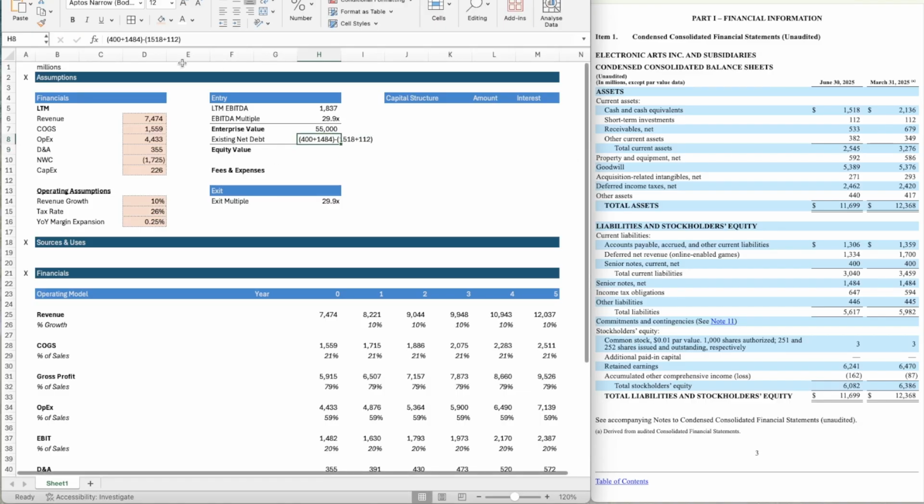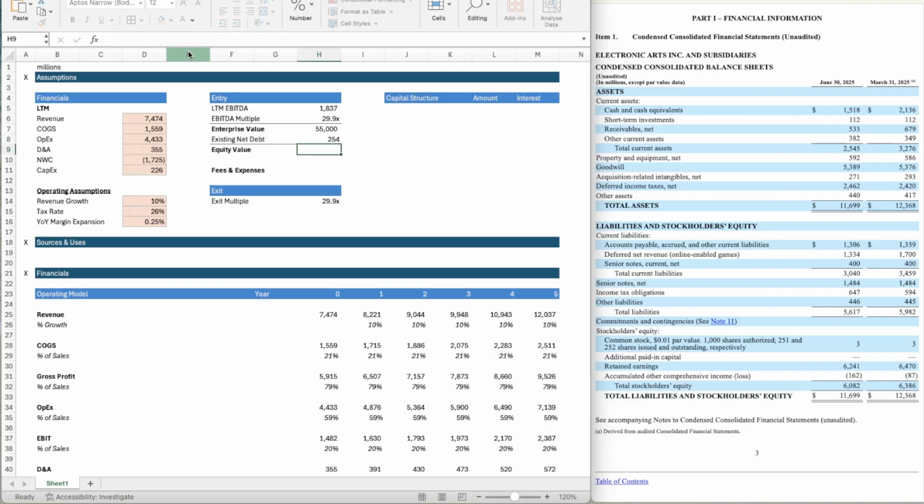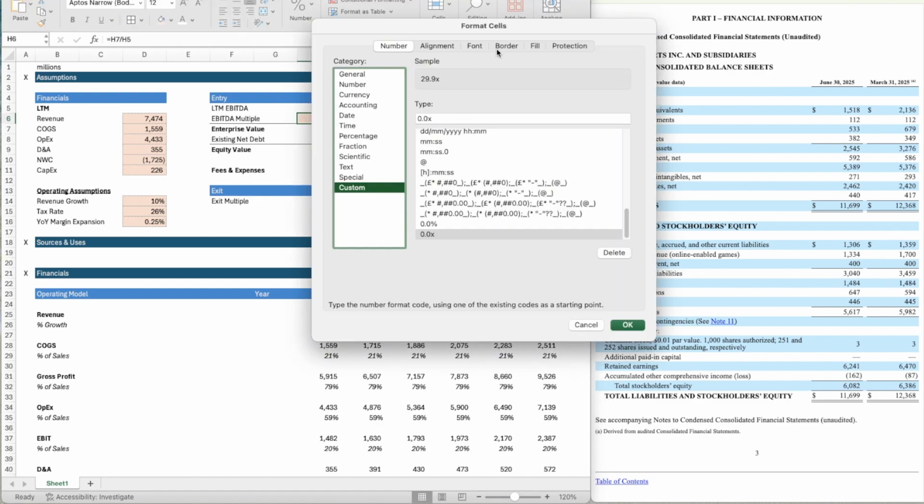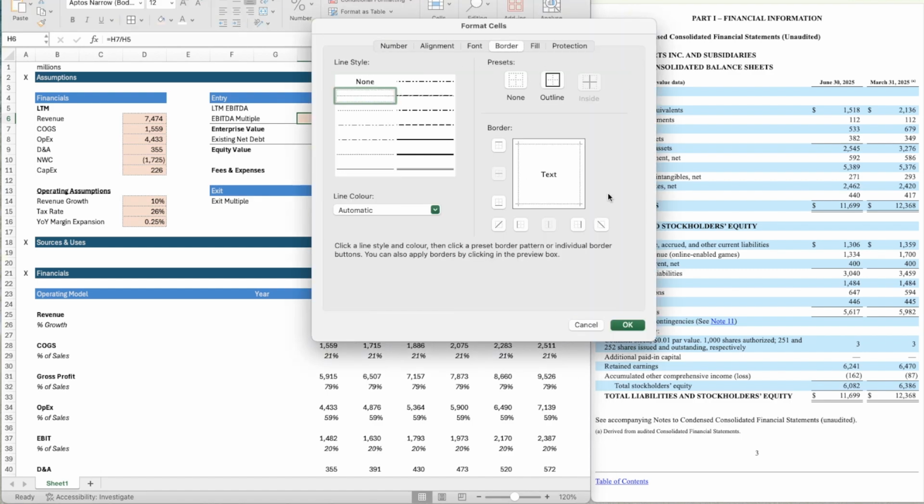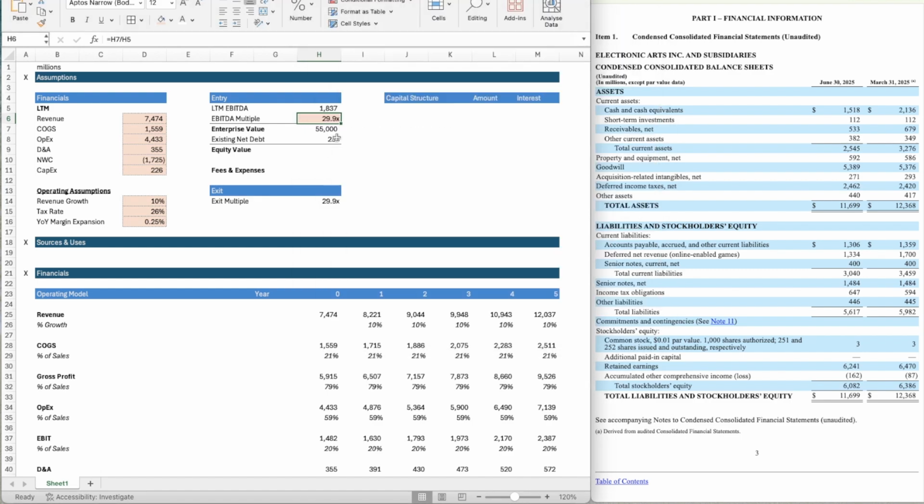I didn't put in equals. Then the equity value is, we just do the enterprise value minus the existing net debt. And there we have it.